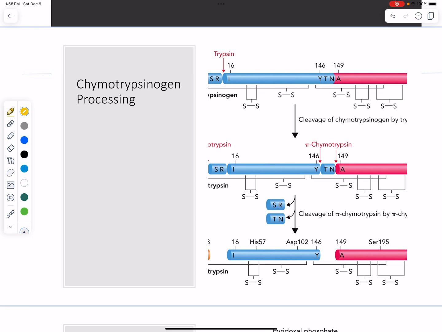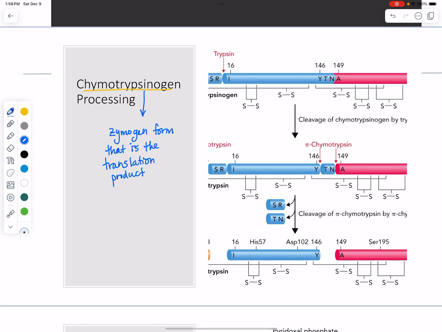All right, so chymotrypsinogen is the zymogen form that's made, and this is the translation product of the gene for chymotrypsin.